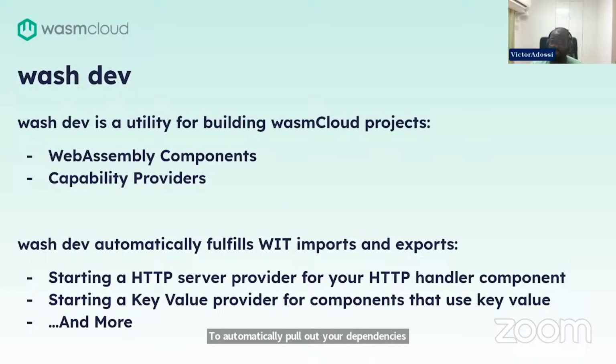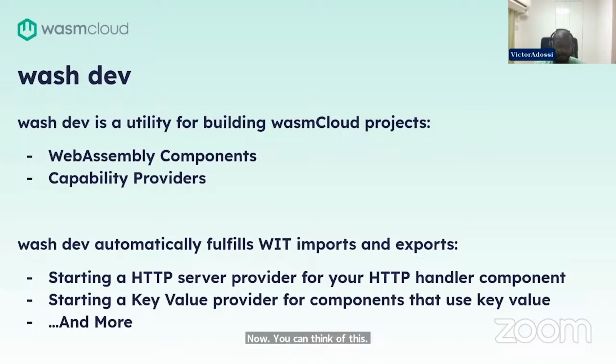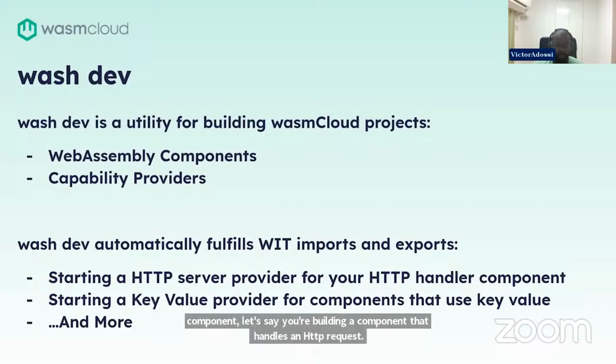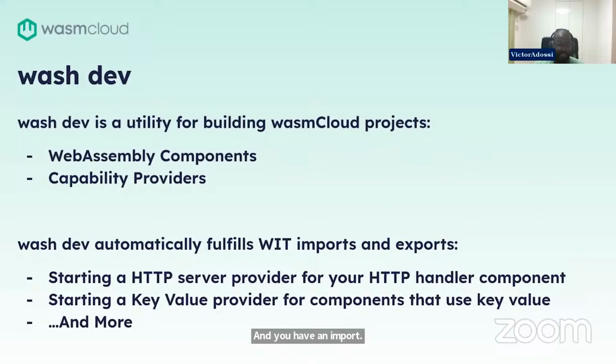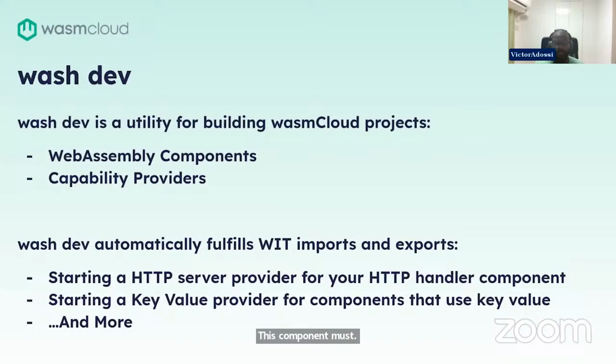You can think of this pretty simply. If we see you're building a component that handles an HTTP request, and you have an import of, let's say, key value, then we know that this component must answer an HTTP request, and it must use some sort of key value capability provider. It doesn't matter what the key value store is.